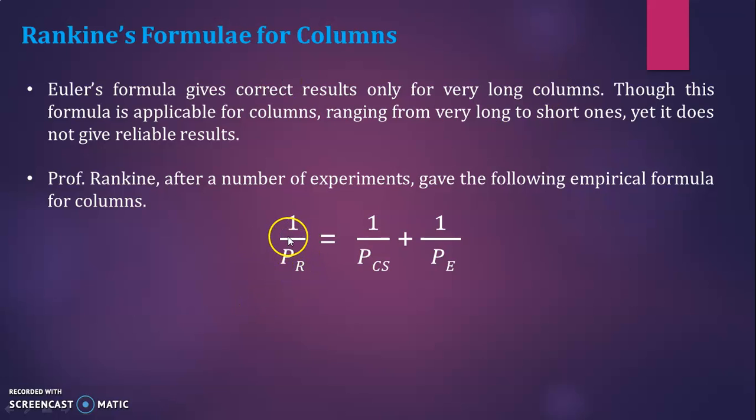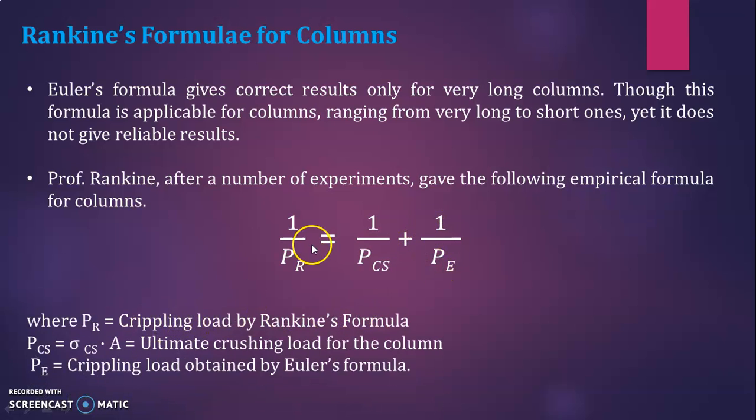He derived the equation 1 divided by PR is equal to 1 divided by PCS plus 1 divided by PE, where PR is the crippling load by Rankine's formula, and PCS is nothing but the crushing load. So what is crushing load?